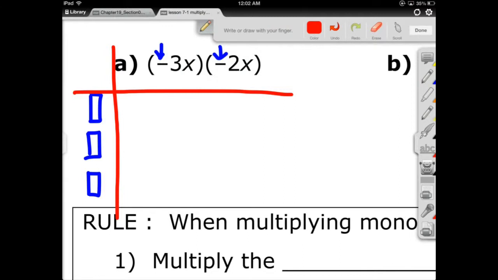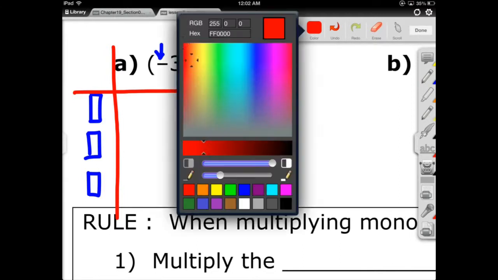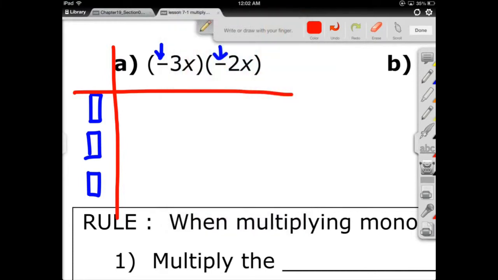Okay, so length times width if you want to think of it that way. And this time I'll use blue. So we've got our negative 3x, and now we'll set up our minus 2x. Try to make them the same size. So what do we get? We get squares.